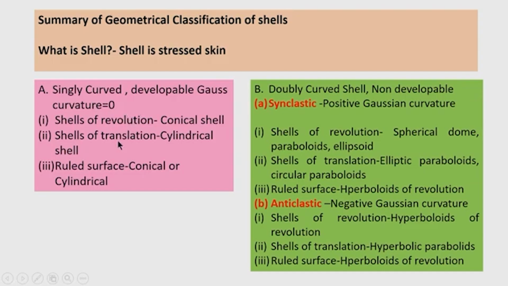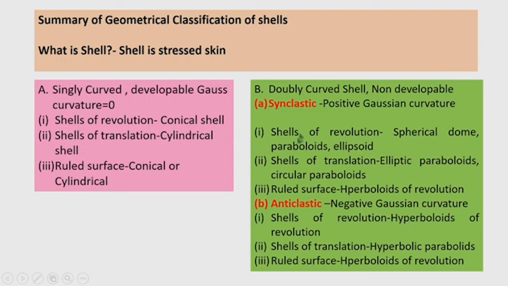Shells of translation are formed by moving a straight line over a plane curve; the straight line is called the generator and the plane curve is known as the directrix. For that type of shell I have given the example of the cylindrical shell. Then ruled surface: the conical shell is also a ruled surface, and the cylindrical shell is also a ruled surface. So, these are some of the examples.